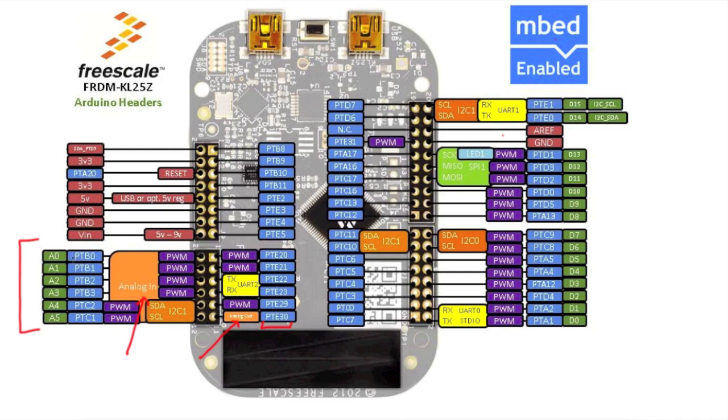You can use PTB0, B1, B2, B3, C2, and C1, which are all 16-bit ADCs, so you can use any of these. There's only one digital to analog converter on this board, which is PTE30, the 12-bit DAC. And that's pretty much it. We're going to go ahead and write some code to use the analog input and the analog output.